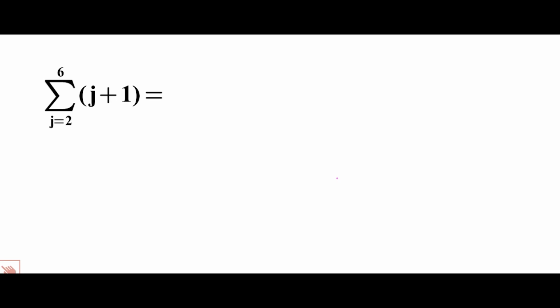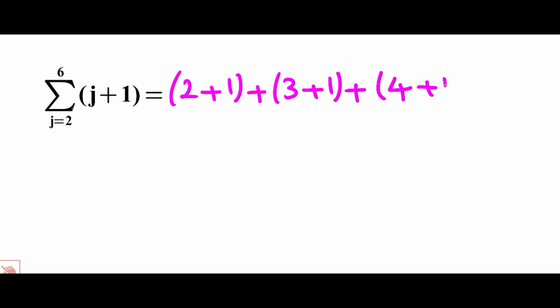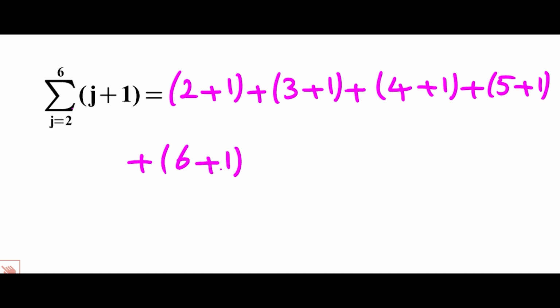For example, expand and evaluate the sum of j plus 1 from j equals 2 to 6. The index j starts at 2 and ends at 6. So when j equals 2, we have 2 plus 1, plus when j equals 3 we have 3 plus 1, plus 4 plus 1, plus 5 plus 1, plus when j equals 6, we have 6 plus 1.